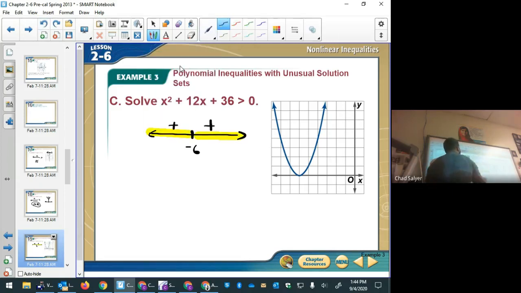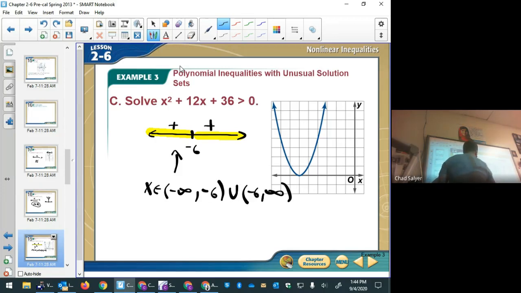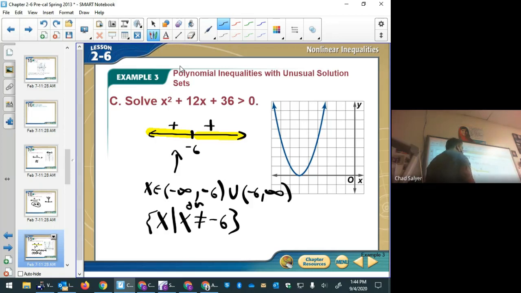So the way we write that is from -infinity to -6, union -6 to infinity, or if you like, x such that x is not equal to -6. Those are equivalent solutions. Second one's a little more efficient. I have no preference.